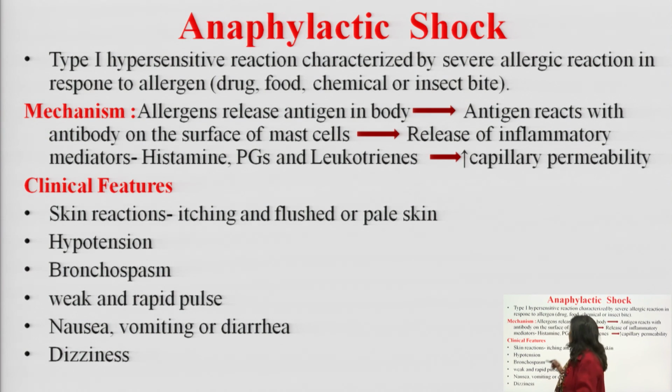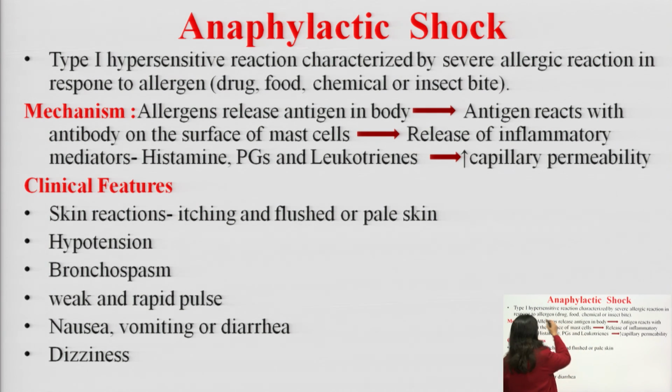Last in this is anaphylactic shock. So, anaphylactic shock is a severe systemic allergic reaction. It is a type 1 hypersensitivity reaction. Remember this, it is type 1 hypersensitivity reaction, which is an immediate type of hypersensitivity reaction.